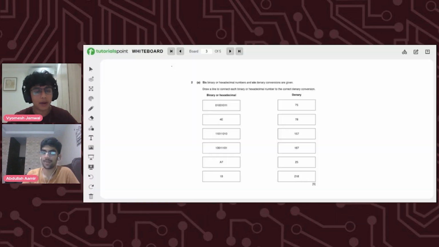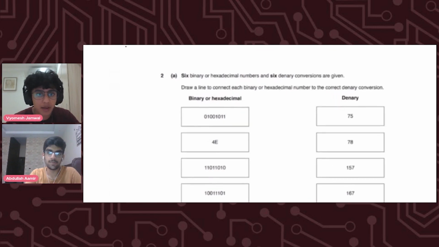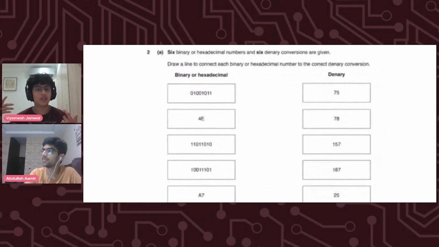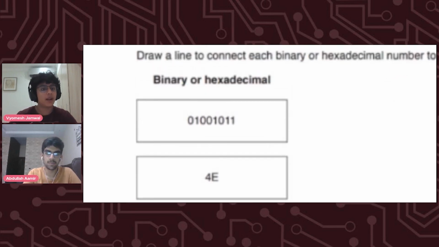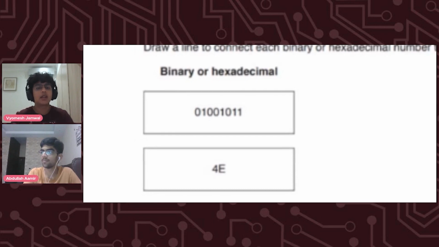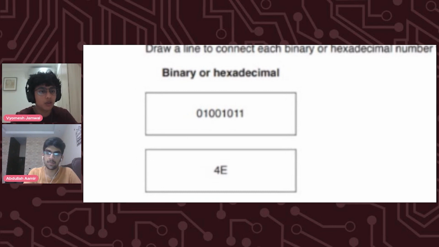Sure, yeah, we could go back to the whiteboard, and here it says that the 6 binary or hexadecimal values, we have to basically map into their denary conversions. Looking at the first value, we've got 01001011, and this is binary. What I would do is immediately start drawing the table on top of it to know what the positions are. But with enough experience, I'm going to look at the leftmost. It's 0, so not 128.